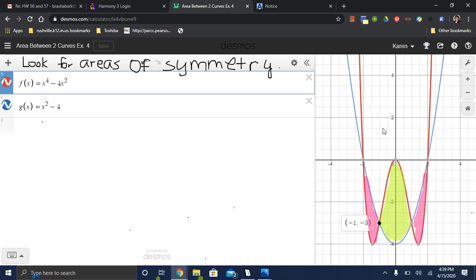The other thing I want you to know is that this graph is symmetrical. So it would be much easier to just do half of the problem, the part from the y-axis over, and then double our area. So I'm actually just going to concentrate on this point of intersection, this one, and this one.